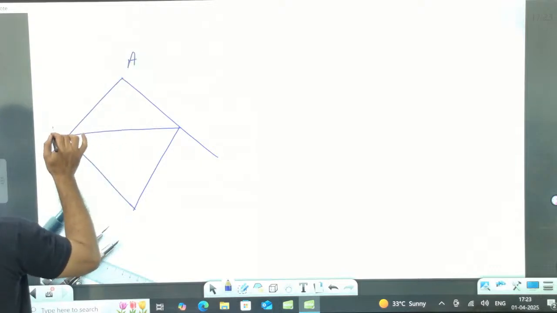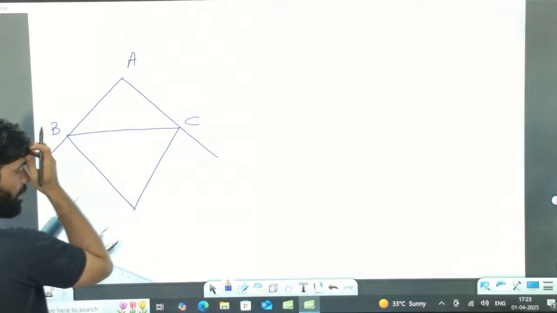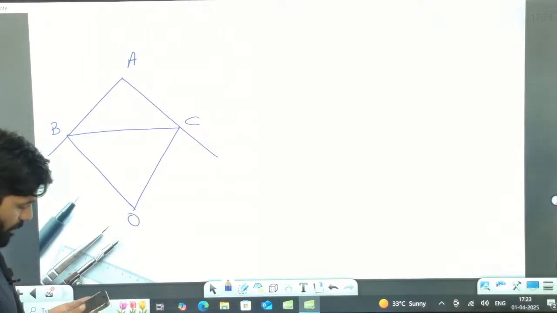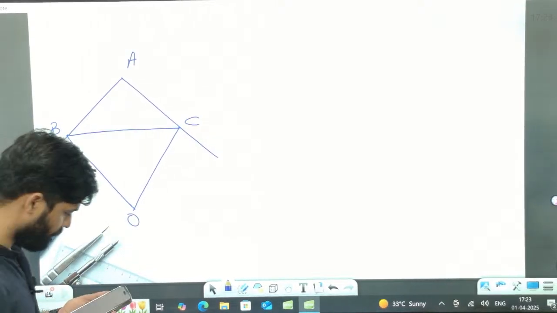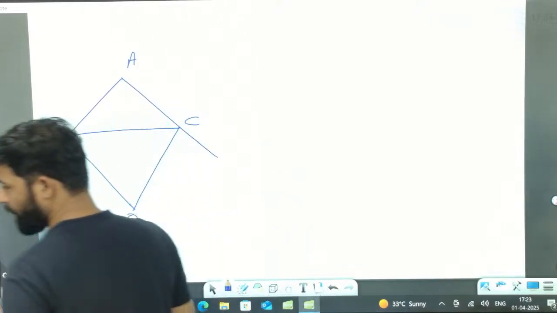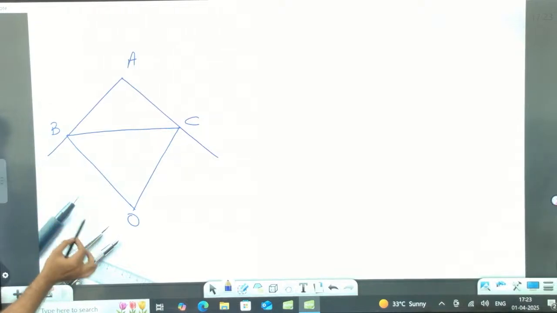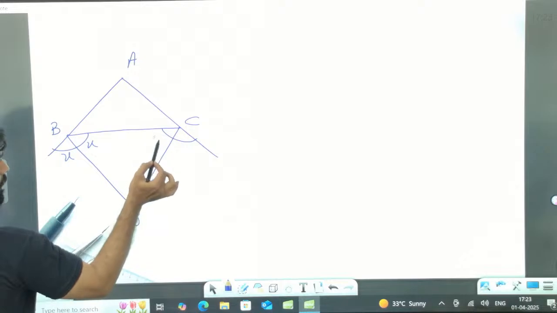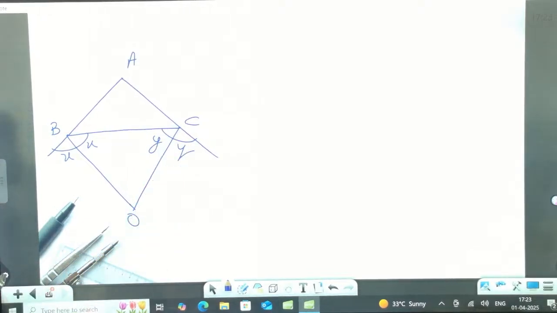So A, B, C. So let it be O or something. Take. Okay. Now in this, angle B and angle C are external bisectors. So I can write this X. So this can be YY. External bisectors, not internal. Okay, external angle bisectors.